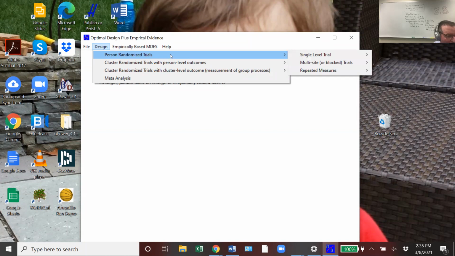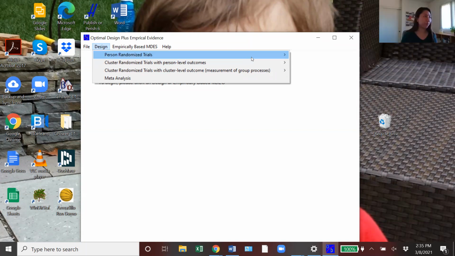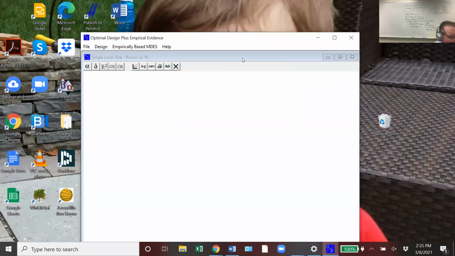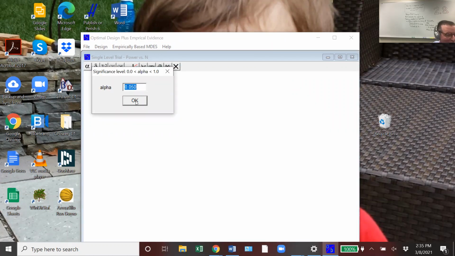We've got a person randomized trial, a single level trial, and you get an idea of what the display is here. It's much nicer, actually. You set the significance level, we'll keep it the same, 0.05.